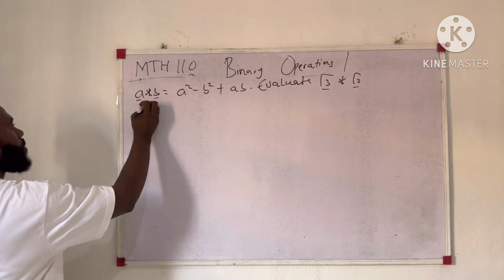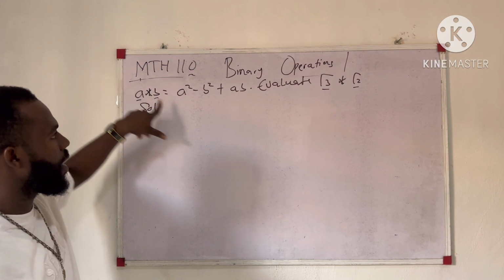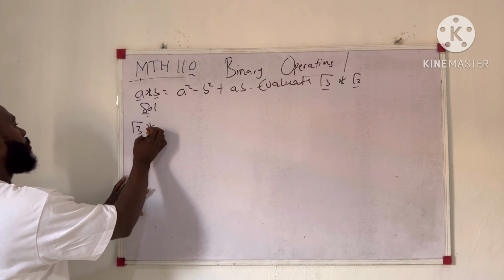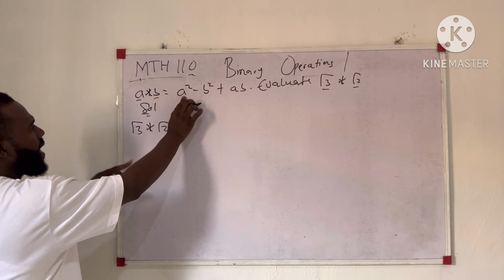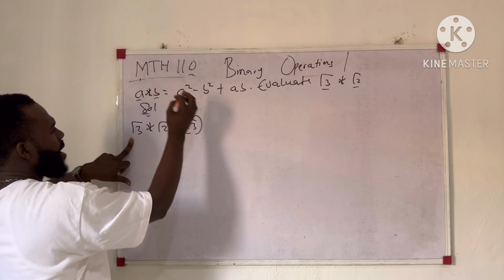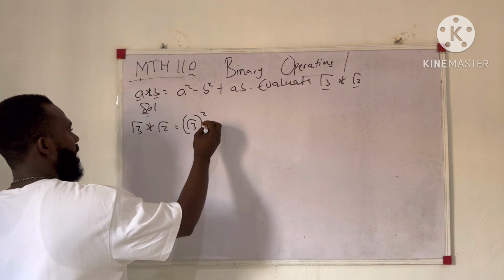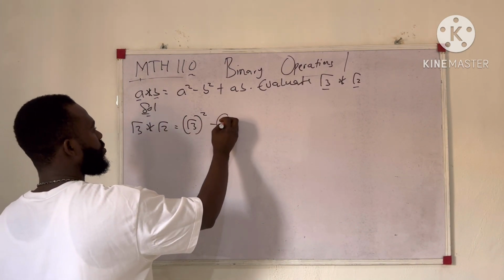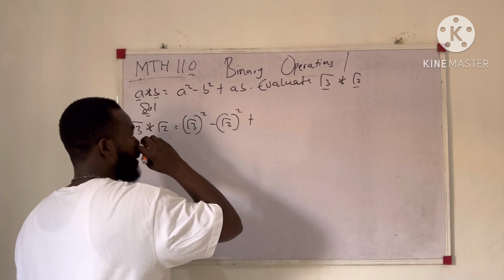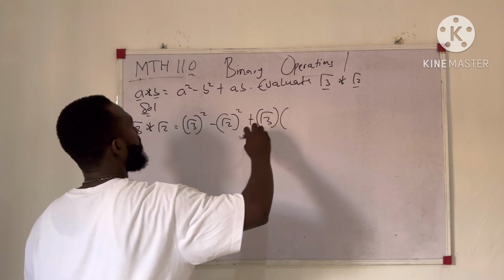Solution. Anywhere we have A, we will put root 3. A becomes root 3, but don't forget A carries a square, so root 3 raised to the power of 2, minus B, which is root 2, raised to the power of 2, plus A, which is root 3, times B, which is root 2.